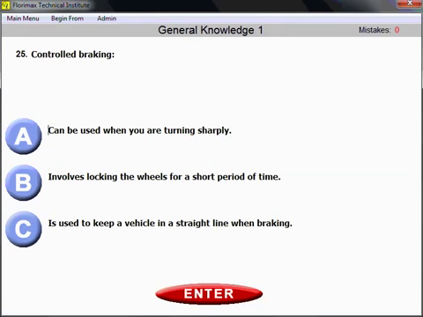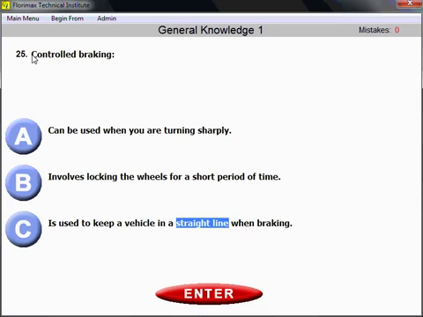Question number 25. Controlled braking. Again, a short question. You need to choose the right answer characterizing what controlled braking is. And for controlled braking, please remember, straight line. It is used to keep your vehicle in a straight line. That's the point.